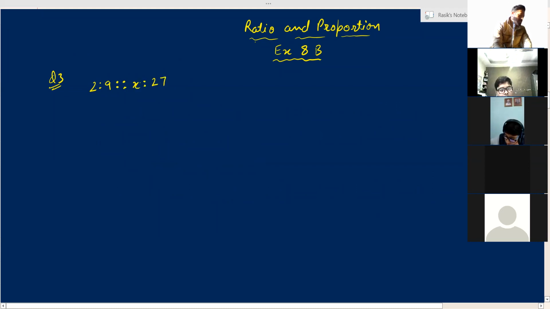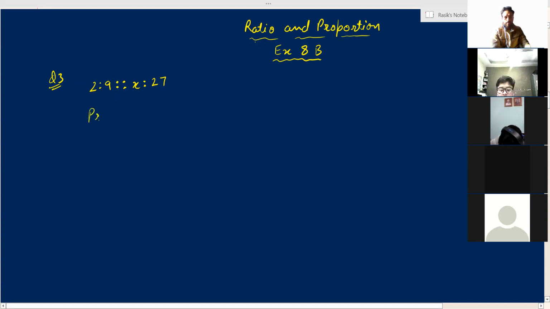This means the ratio 2 to 9 is proportional to the ratio x to 27. So all the four numbers are in proportion. It is given in the question itself. We don't have to prove they are in proportion. Now we will use it.